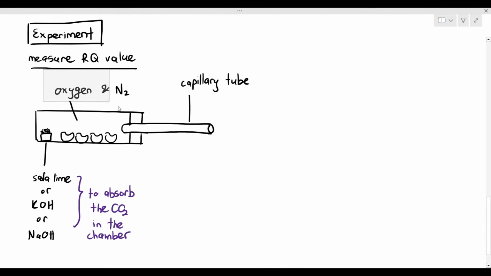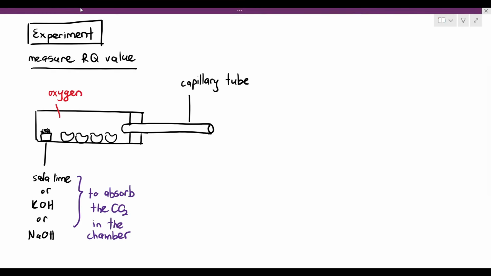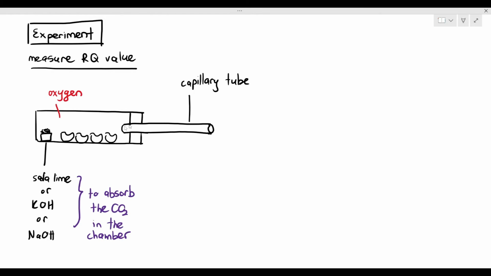I mean, oxygen and nitrogen will be present along with other inert gases, but we don't care about the other gases. We are just focused on oxygen in this case. So there are no carbon dioxide molecules in there at all. And of course, in the capillary tube, we also put a liquid droplet.